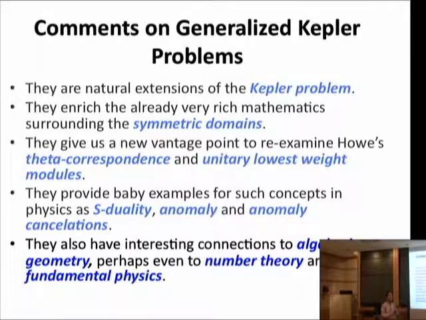So the harmonic oscillator is a special type of generalized Kepler problem. And I know in the 60s, André Weil had a long paper relating the harmonic oscillator to theta functions. Presumably that work can be generalized, since the oscillator is just a special case of this.